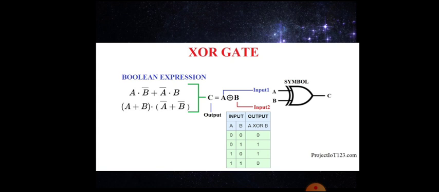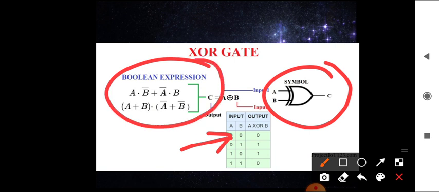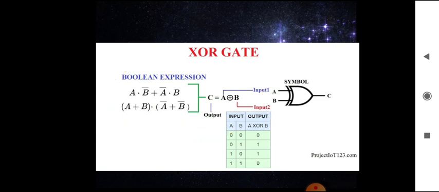Okay, so one more logic gate, that is the XOR gate, the exclusive OR gate. See here, this is the symbol, this is the truth table, and this is the Boolean expression. First the symbol: it is like the OR gate, but with another curve at the input of the OR gate.